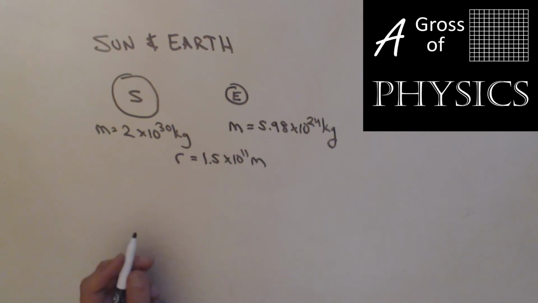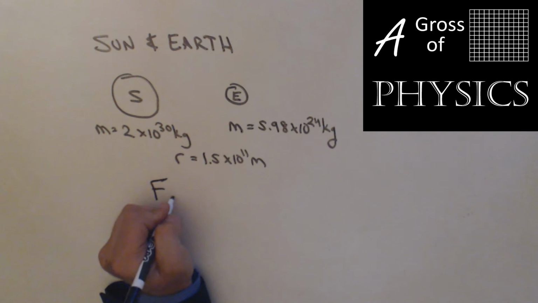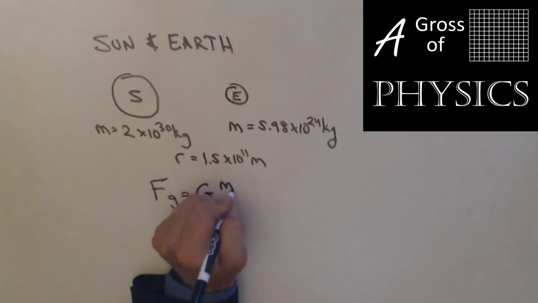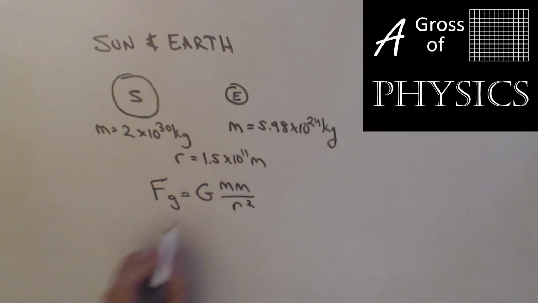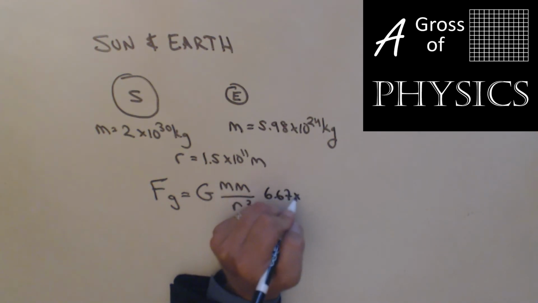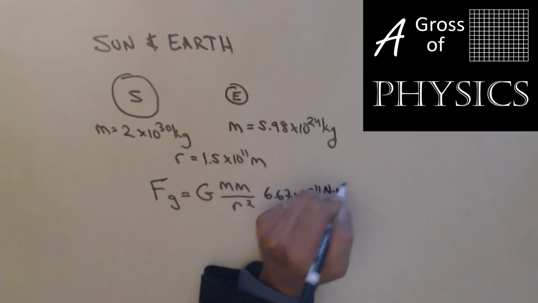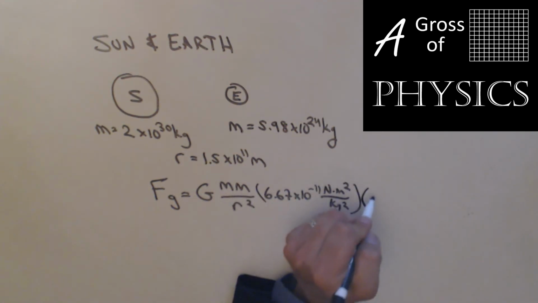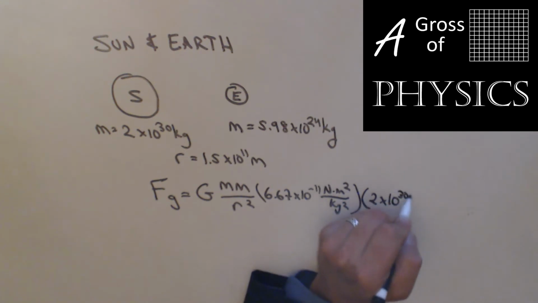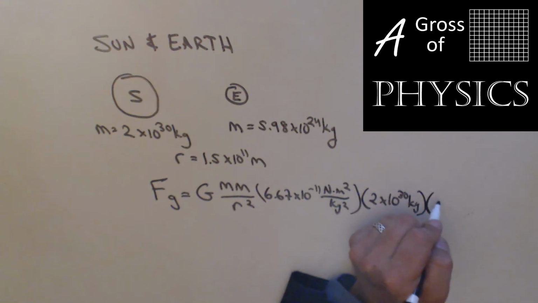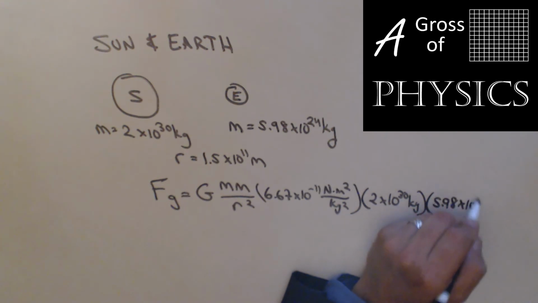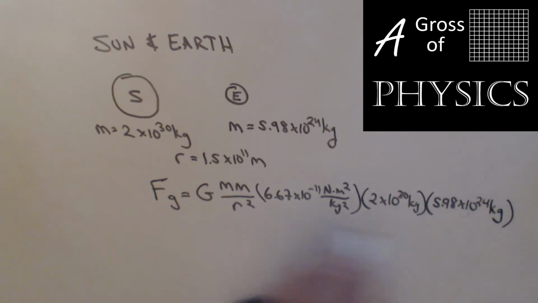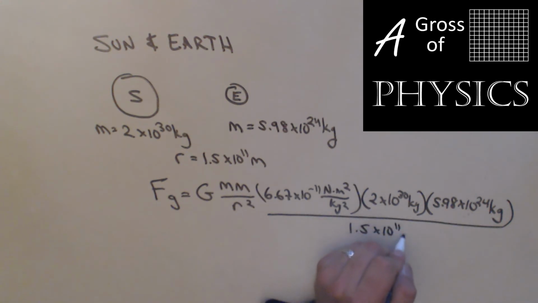Now, if we know the mass and the radius, we can just calculate the force of gravity, which is big G m1 m2 over r squared. 6.67 × 10^-11 Newton meter squared over kilogram squared times 2 × 10^30 times 5.98 × 10^24 all over 1.5 × 10^11 meters quantity squared.